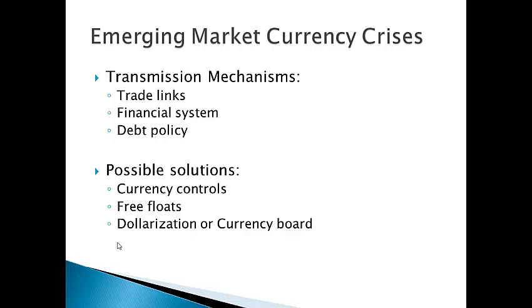Possible solutions, currency controls. So just abandon the free movement of capital and insulate countries' currency from speculative shocks. So this is more of a protectionist kind of argument.